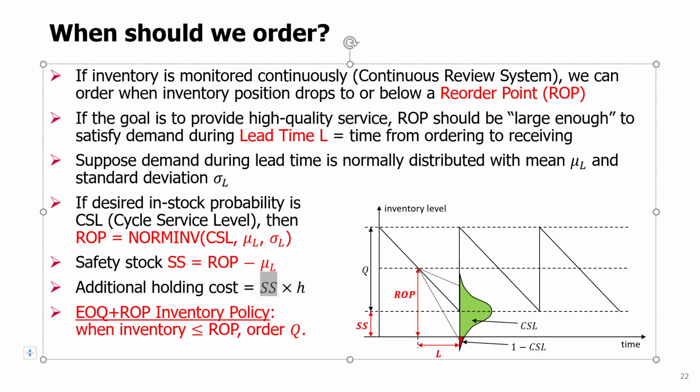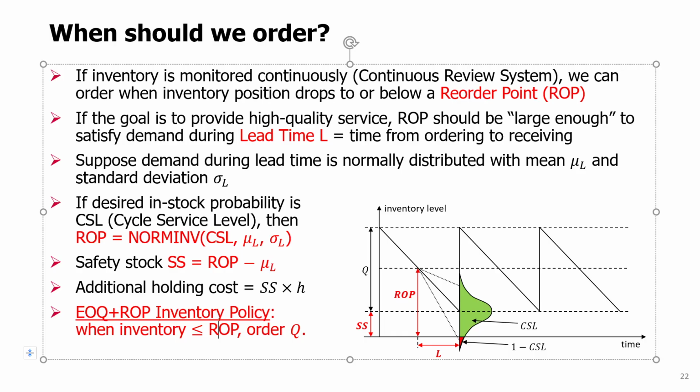So what I also want you to realize is that once we have the decision on the quantity by the EOQ model, and once we decide a reorder point by this model, we in fact have an inventory policy that says when inventory position is ROP or less, then order the quantity Q that we obtained using the EOQ model, right?